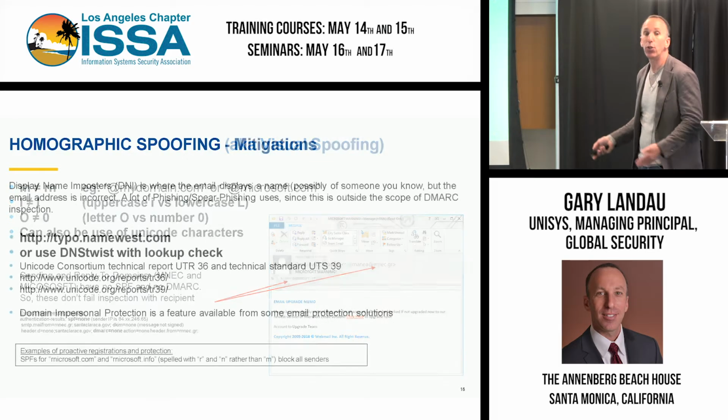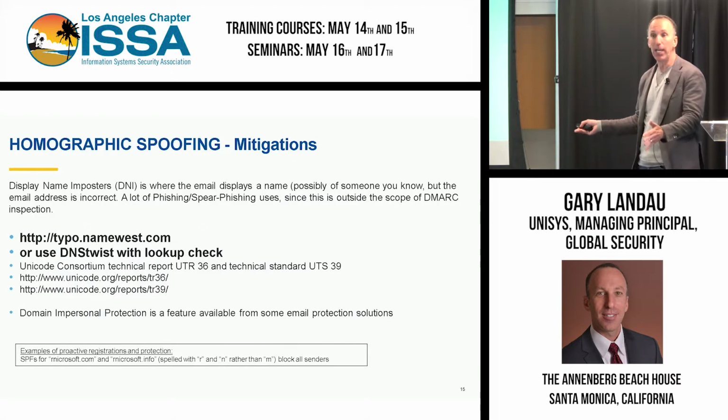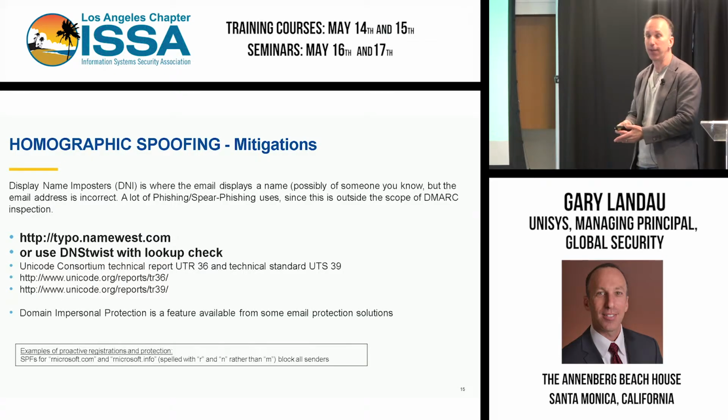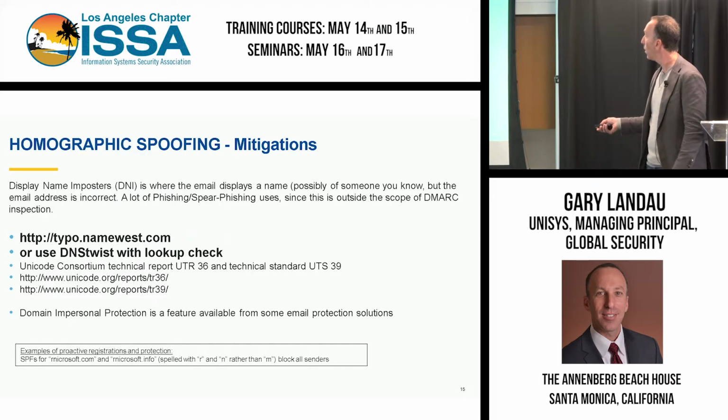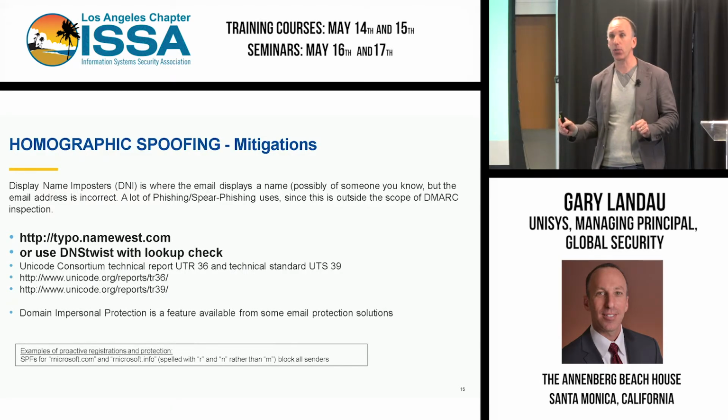And what can you do about protecting yourself against variations of homographic spoofing? Because they're legitimate domains, so they're not going to be blocked by SPF, DKIM inspections, or DMARC. Well, there's a couple of free tools you can use. One's called DNS Twist. You can get it from GitHub. You can use it to look up variations of your own domain or your third parties.